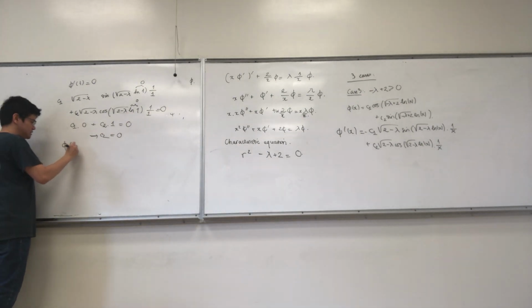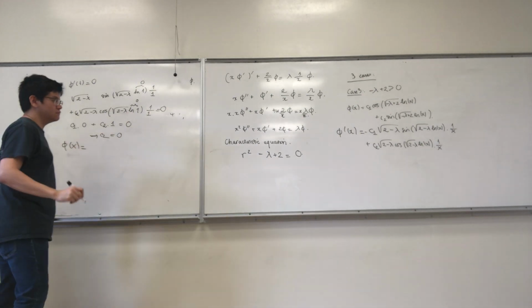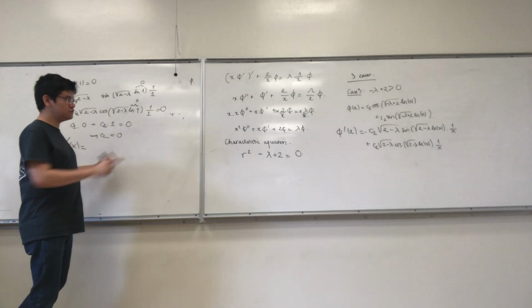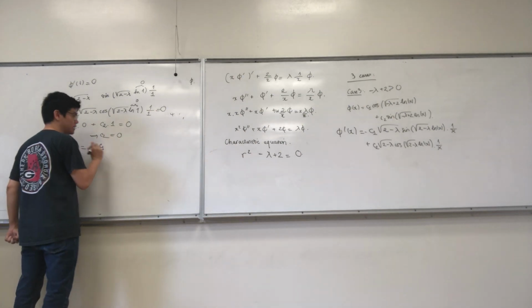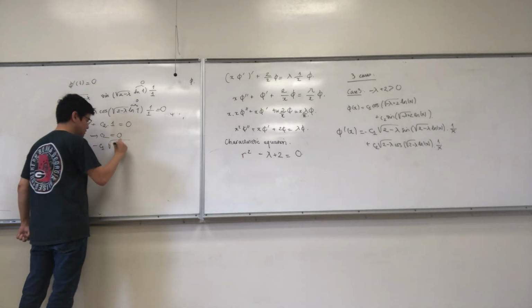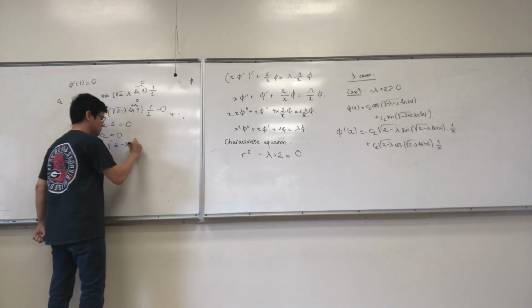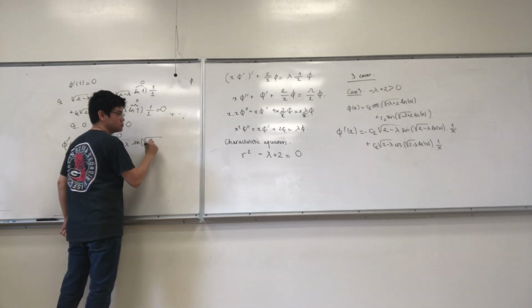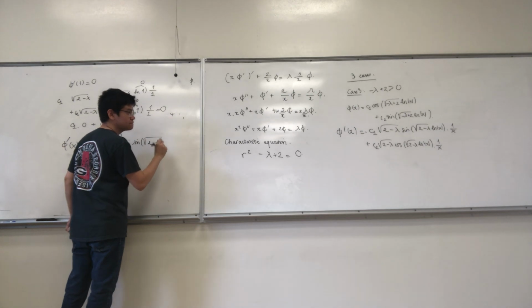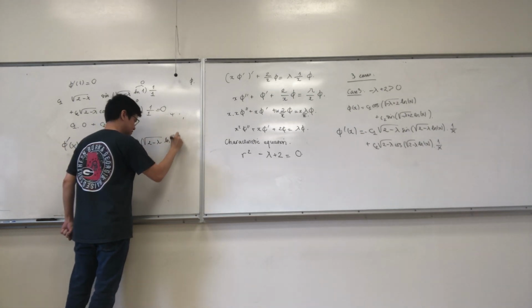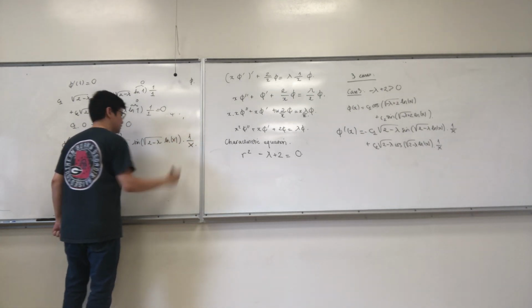Now I have phi prime of x, because C2 is 0, so phi prime of x will become minus C1 square root of 2 minus lambda sine of square root of 2 minus lambda log of x, times 1 over x.